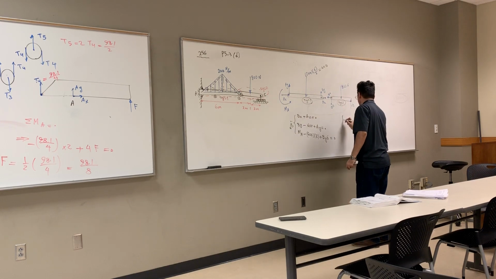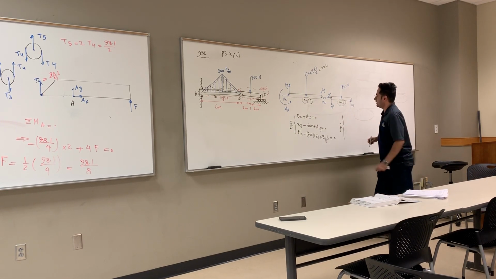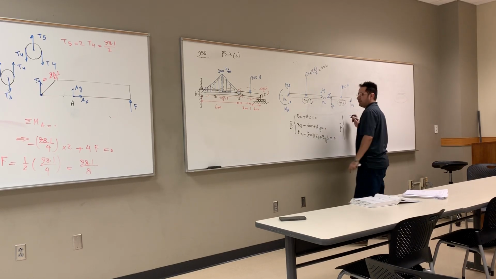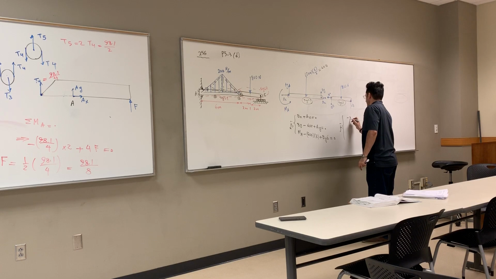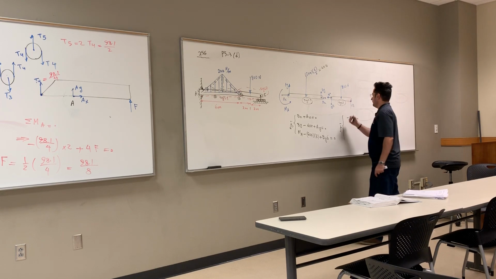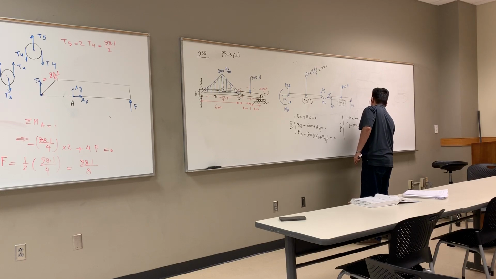Okay? Now this is system 1, and go to system 2. Summation of force in X is equal to 0. What do I get? Negative Dx is equal to 0. Summation of force in Y: Cy, negative 800, negative Dy is 0.